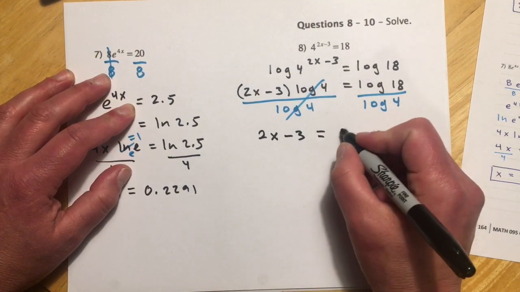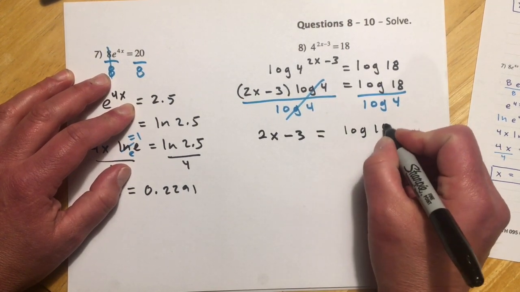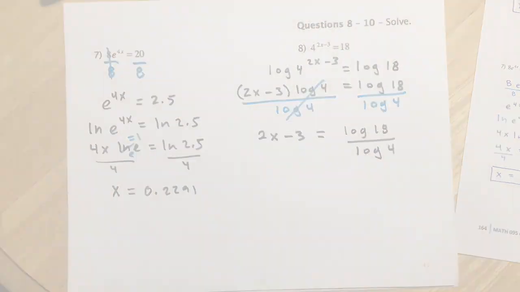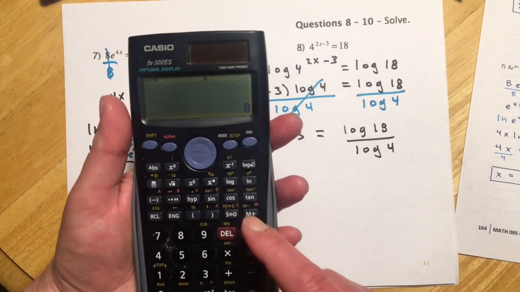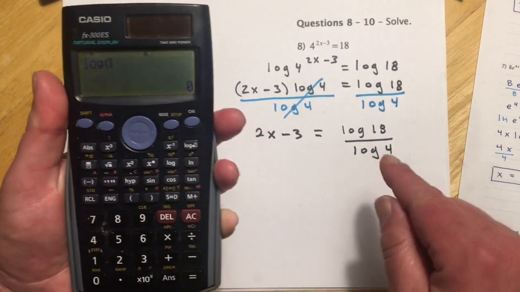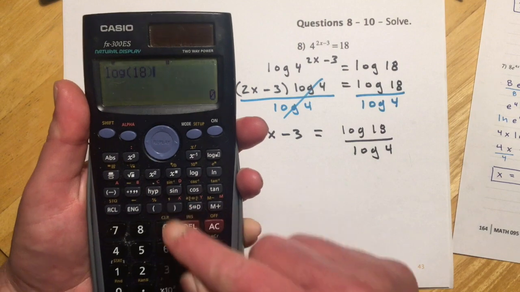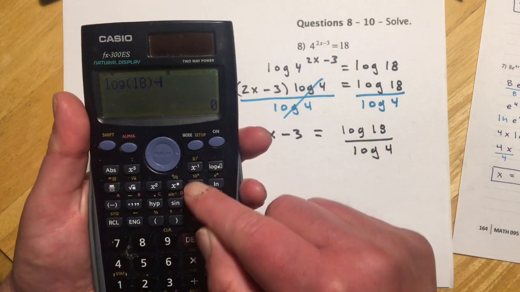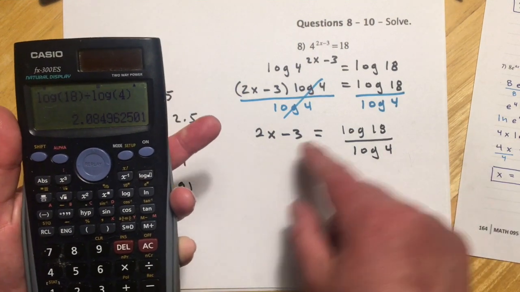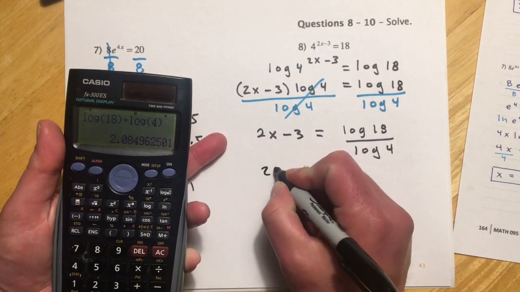And then this piece is just some number. And so then once you're there, like I said, this is just a number. So you can go log 18 and then divide it by log 4. Enter. And so that makes some number over here.